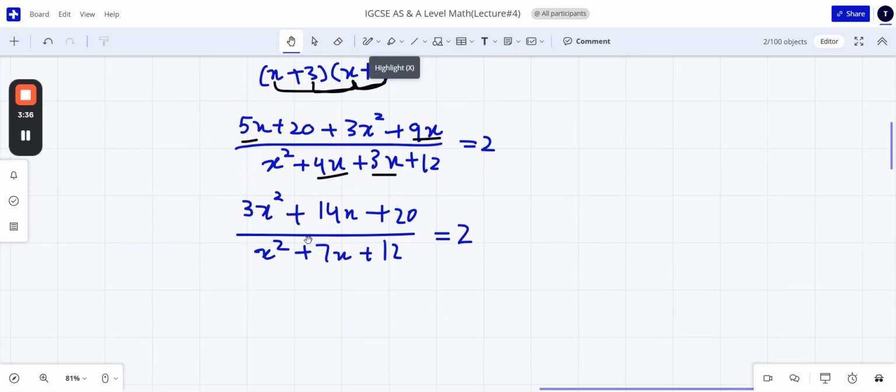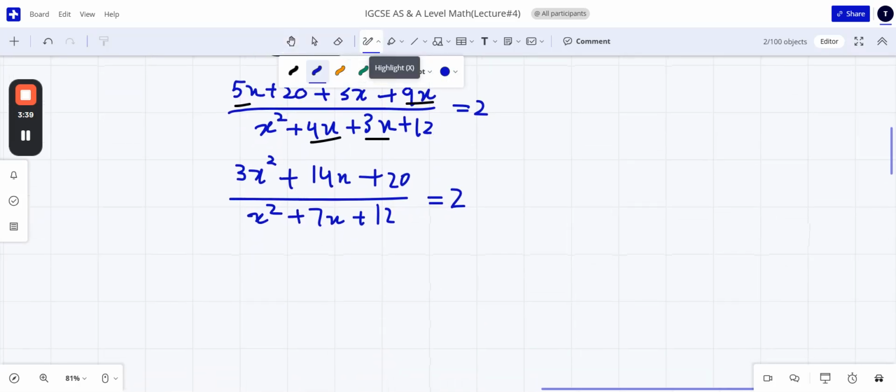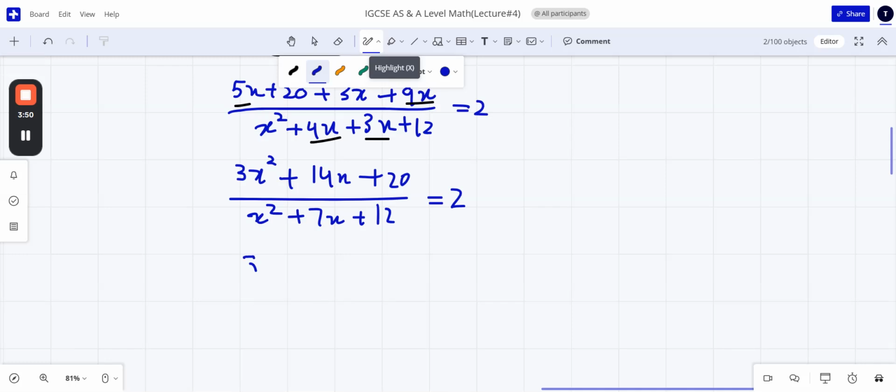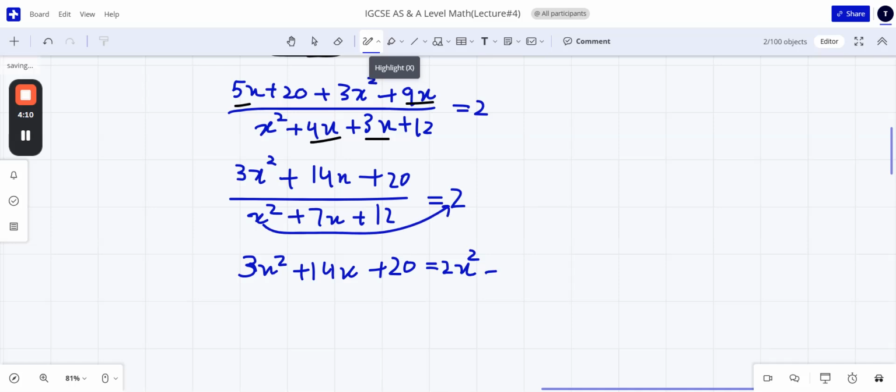So now we need to shift the denominator to the other side of the equal, meaning the whole value. So all of the terms will multiply with the 2 here. It becomes 3x squared plus 14x plus 20 equals to 2x squared, and 7 times 2 would be 14x plus 12 times 2 is 24.